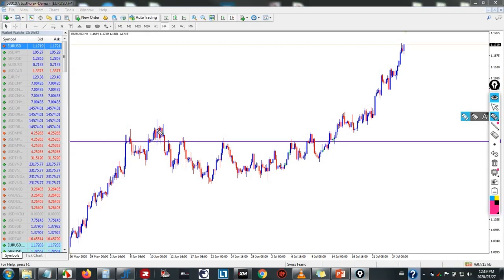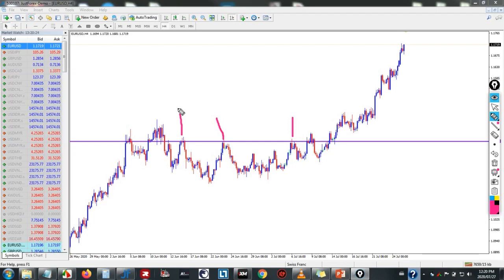Because this market broke above and used it as a support here, as you can see, and then it was used as a resistance. On this chart, I can also show you why I do not agree that the more times a support and resistance is tested, the stronger it becomes.